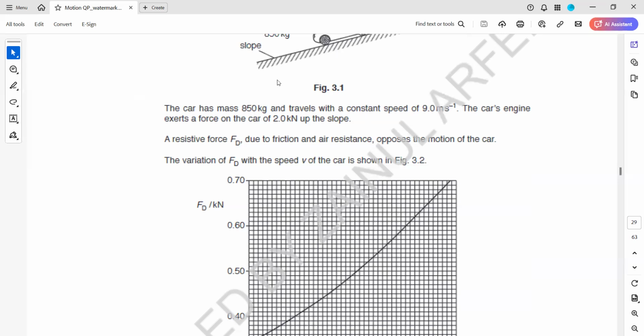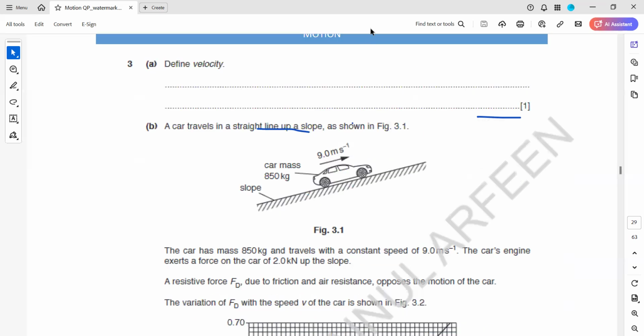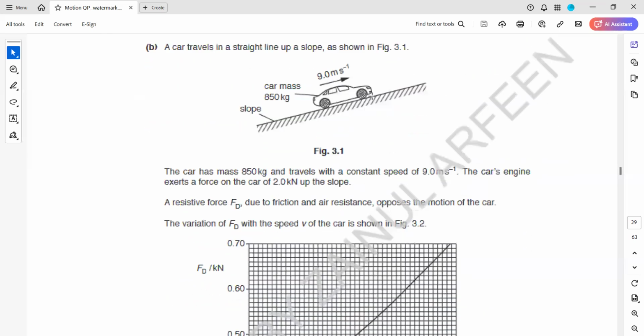They mention the engine exerts a force of 2 kilonewton up the slope. So the force of the engine is 2 kilonewton, or 2000 newton. The resistive force is 0.4 kilonewton.